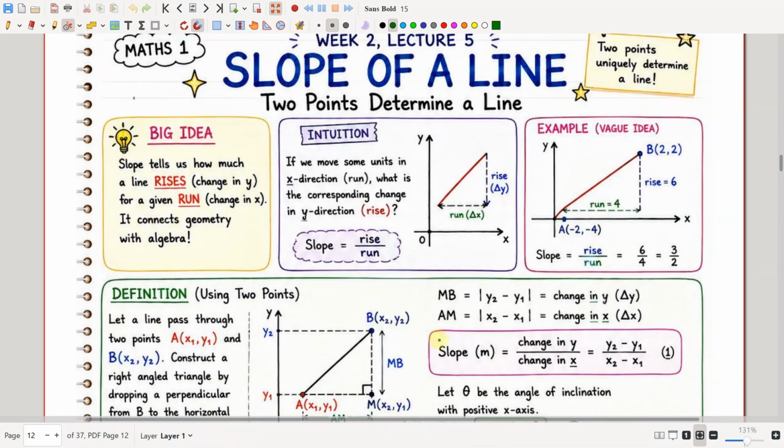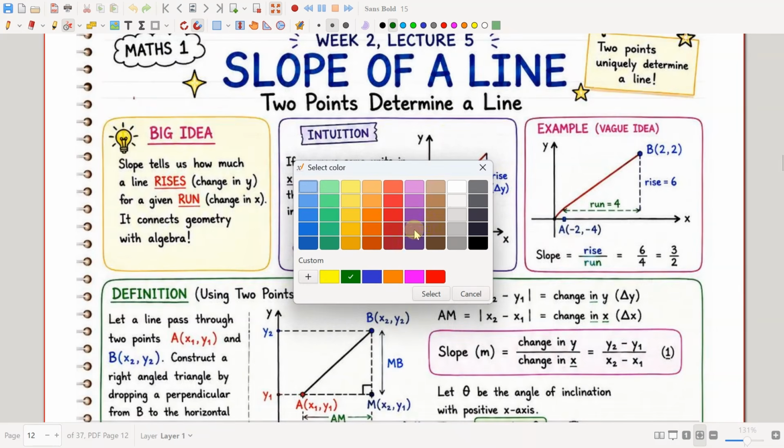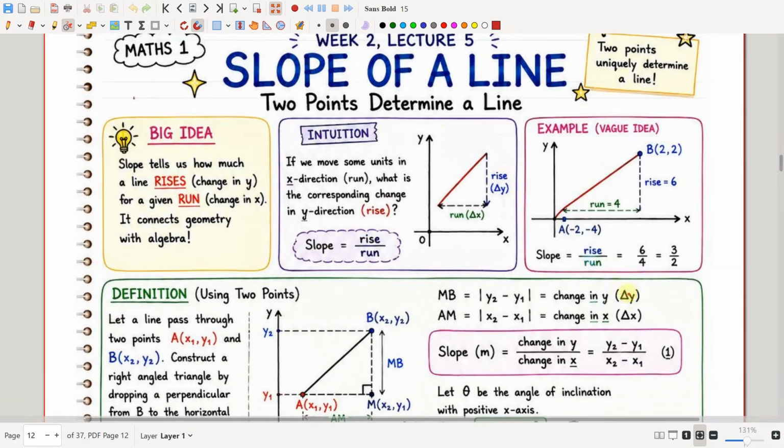So the slope formula will be change in y divided by change in x, which means y2 minus y1 divided by x2 minus x1. This is the formula for slope.